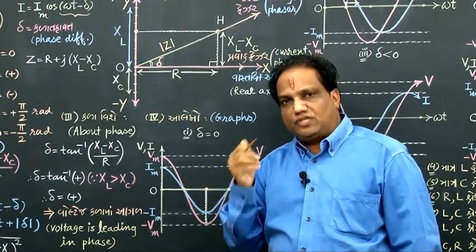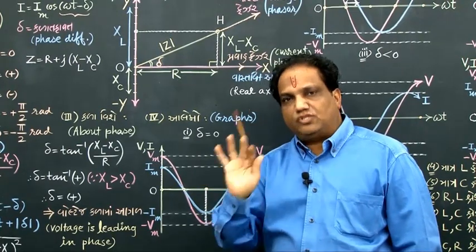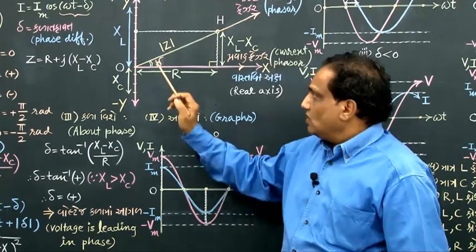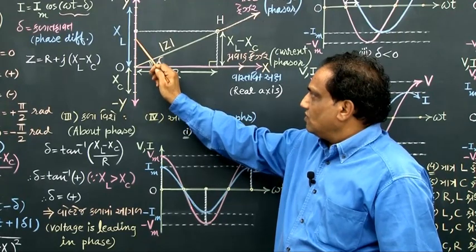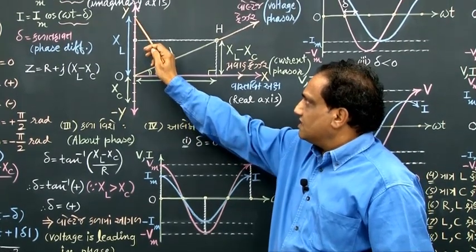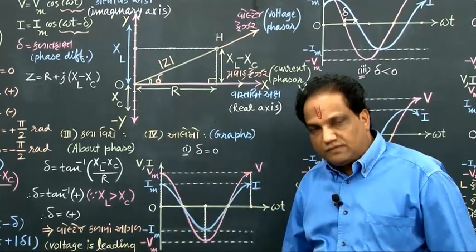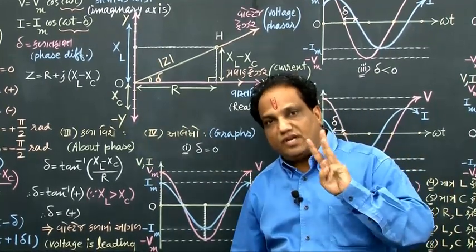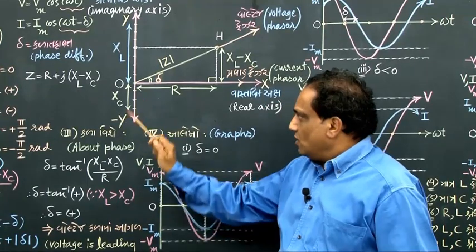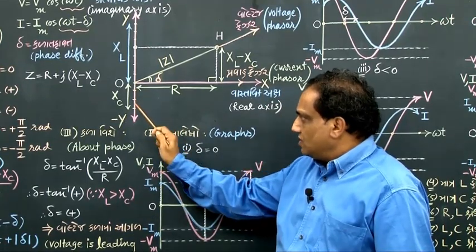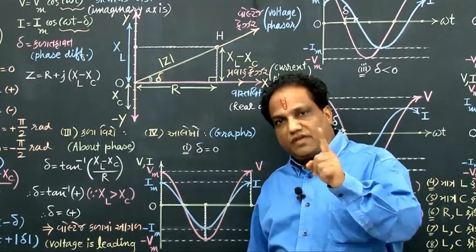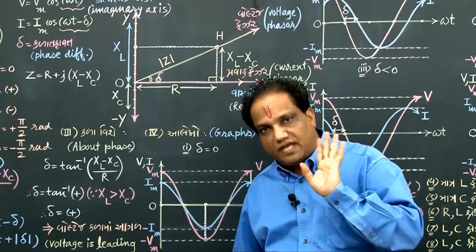Not necessary you should assume 7 units, at present I am assuming 7 units. Look, 1, 2, 3, 4, 5, 6, 7. And the XC value, because it is smaller, I take just 3 units. Look here, 1, 2, 3. So 7 is greater than 3, means XL is greater than XC.